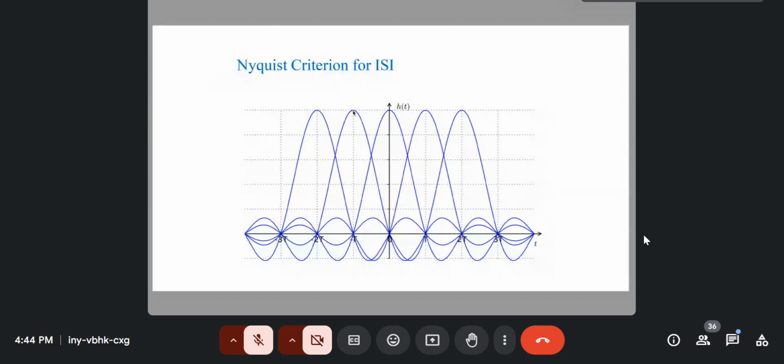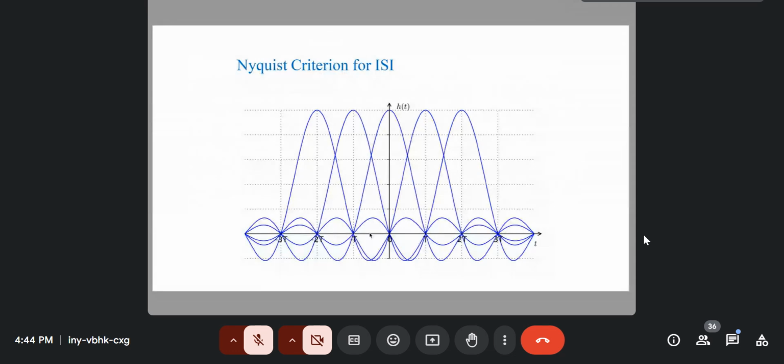Consider this other pulse in the time domain: when it is 1, all these others are 0. When this is 1, these others are 0. So we are saying it must have 1 and zeros at these periods.